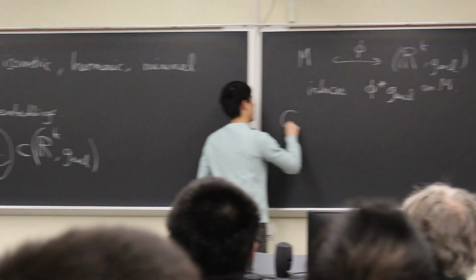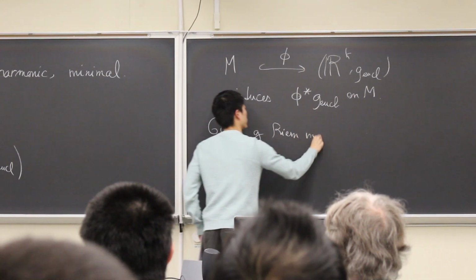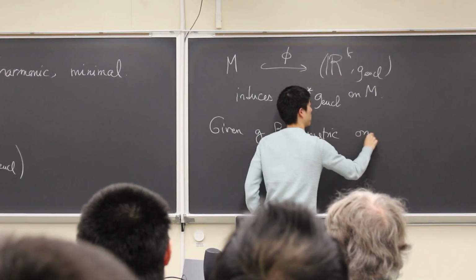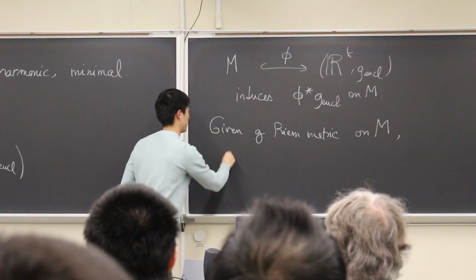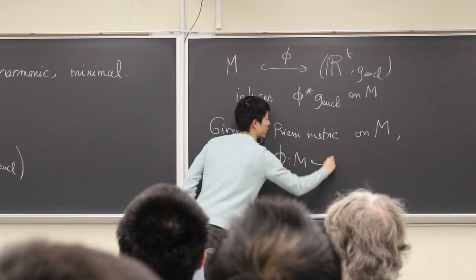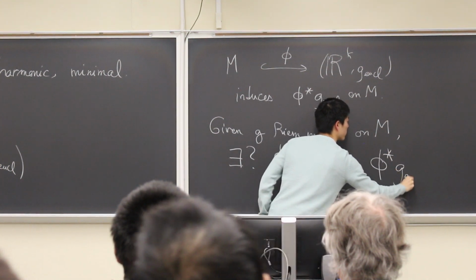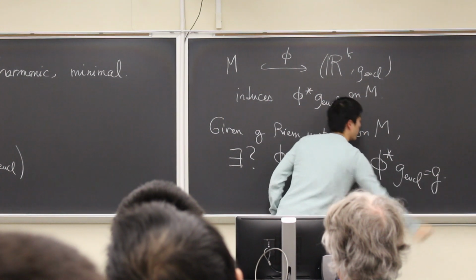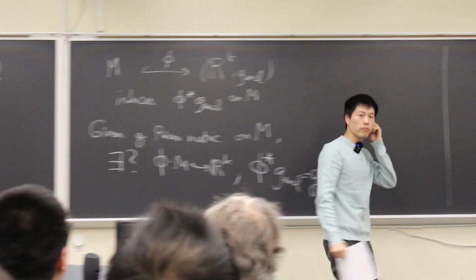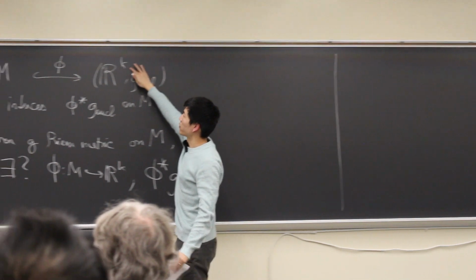So now, given an, again, abstract Riemannian metric on M, can you find such a map such that the pullback metric is equal to our G that we care about? So is there any question on that question? Oh, the K is fixed or maybe? So here you allow K to depend on phi.